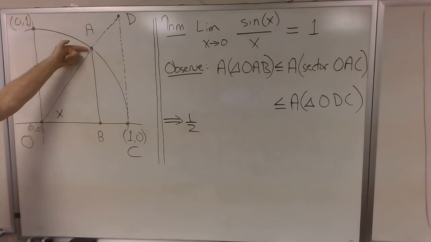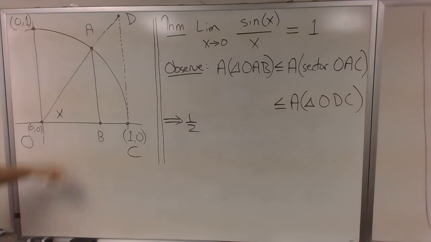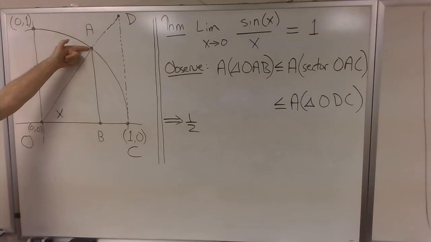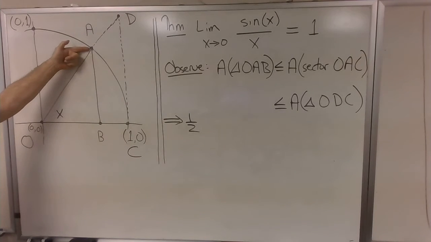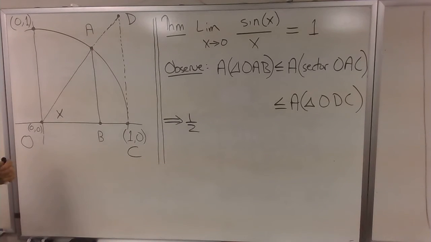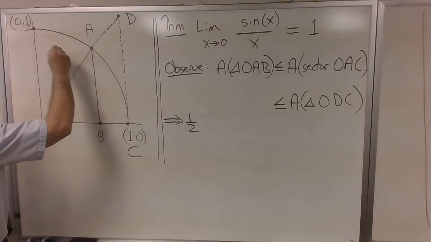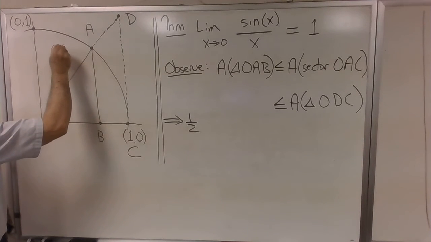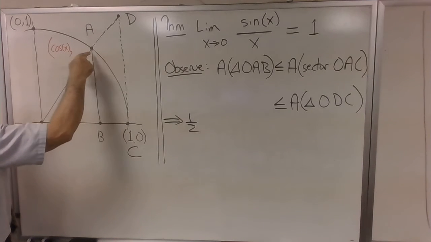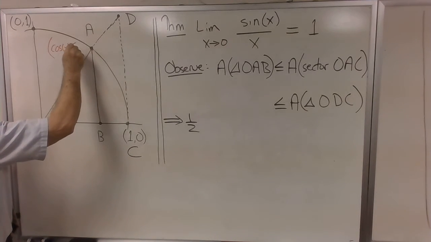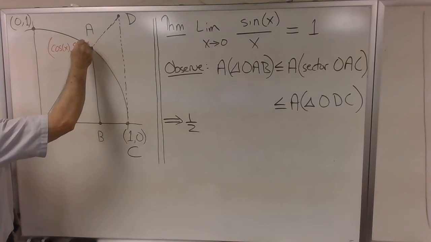This is a unit circle, isn't it? So this point is on the circumference of a unit circle. And the x coordinate of this point is going to be cosine of x. The y coordinate of that point is going to be the sine of x.